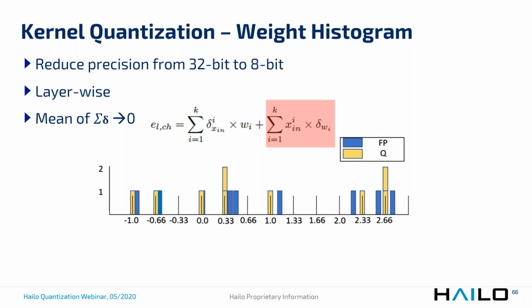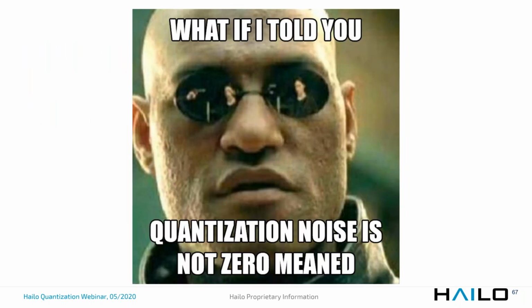But the mean of the quantization error is tending to go to zero. Shockingly, specifically in MobileNets, for reasons that we'll show, quantization noise is not zero mean, which means that it's biased, and this introduction of biased noise hampers the performance of quantization very significantly.